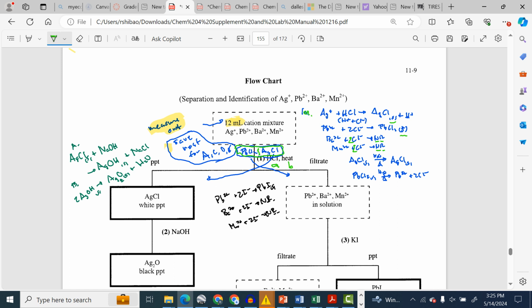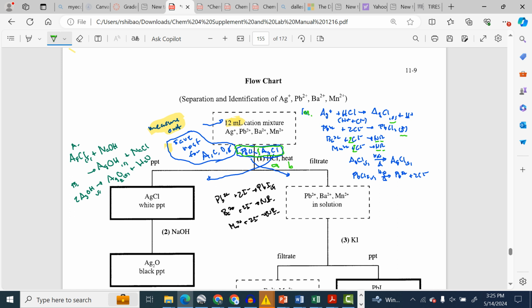And so the same thing here, but this is very hard to see because that cloudy white takes a long time to settle. However, what helps it settle is heating it. When you heat it, the tiny crystals come together to make bigger crystals. And the bigger the crystals are, the more they'll settle down to the bottom. That's a process called coagulation.